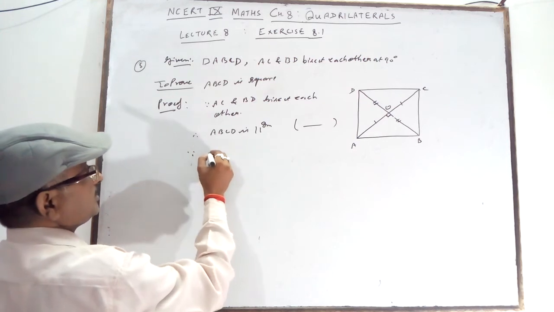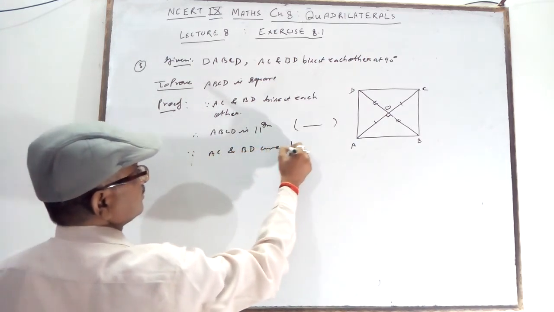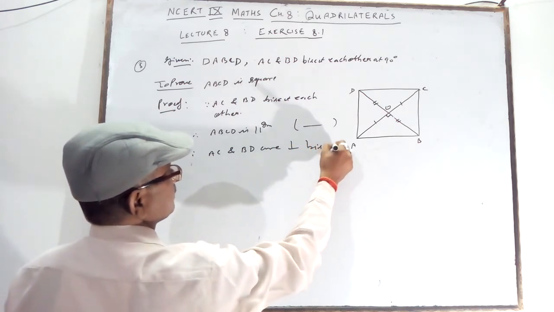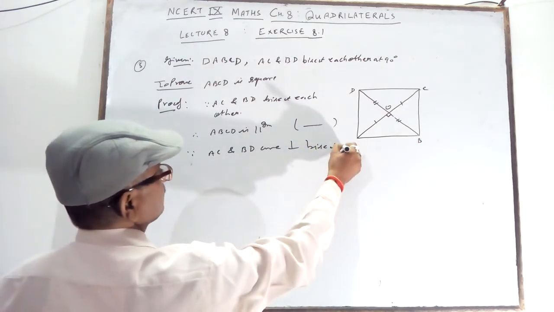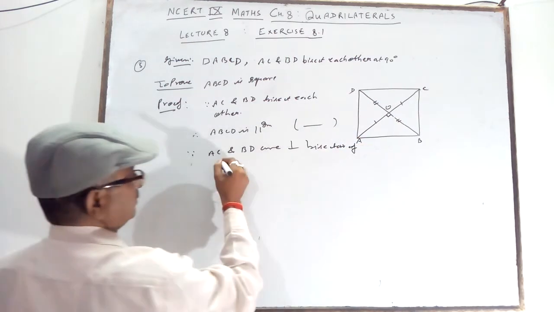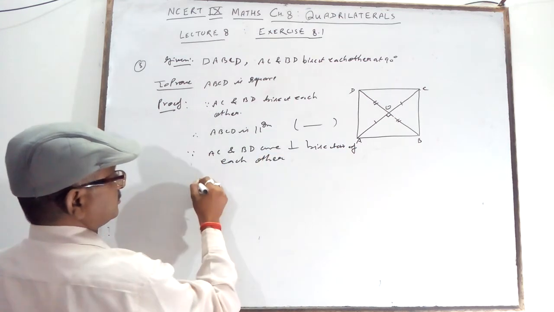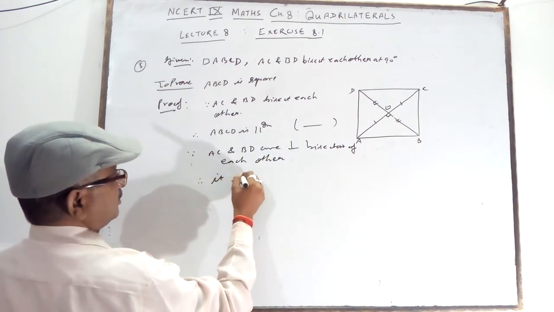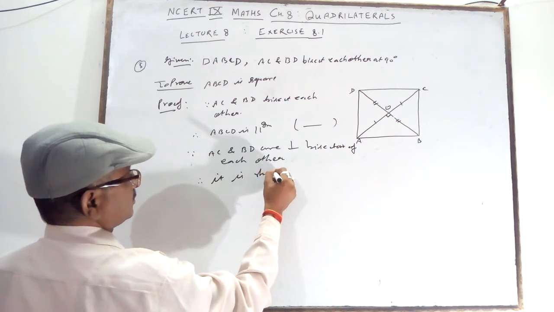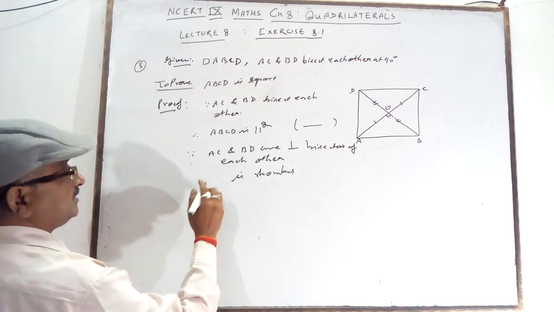Now, because AC and BD are perpendicular bisectors of each other, it is a rhombus. So ABCD is a rhombus.